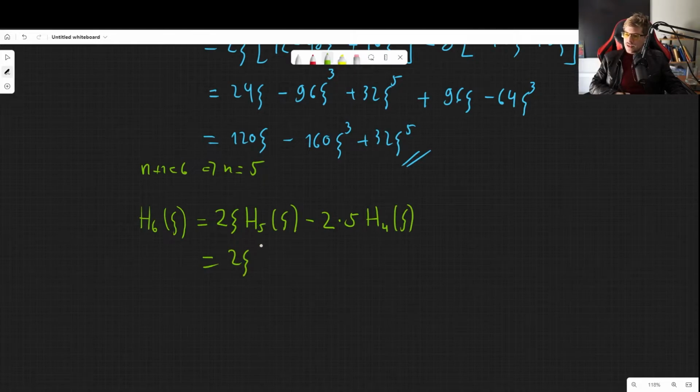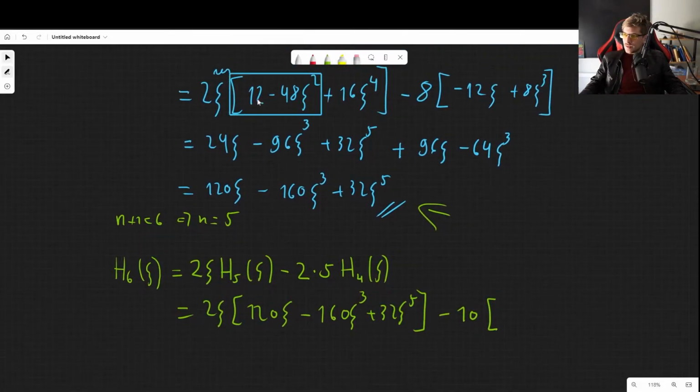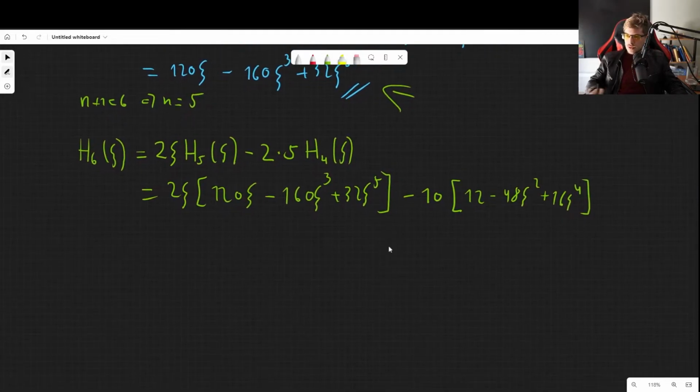So 2 psi, h5 is this thing right here. So it is 120 psi minus 160 psi cubed plus 32 psi to the 5th power, minus 10 times h4, which is this thing right there. So that is 12 minus 48 psi squared plus 16 psi to the 4th power. So now let's simply multiply through.